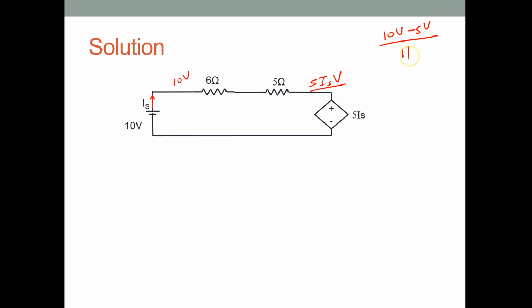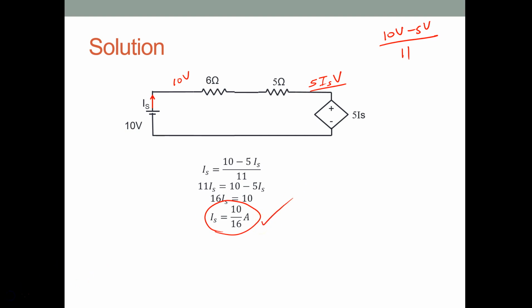Now we have the same thing, except instead of 5 volts we have the 5 IS volts. So we have here, as you could see, 10 minus 5 IS over 11, and from that we have one equation with one unknown. So we could solve for IS, and we get IS is 10 on 16 amps.